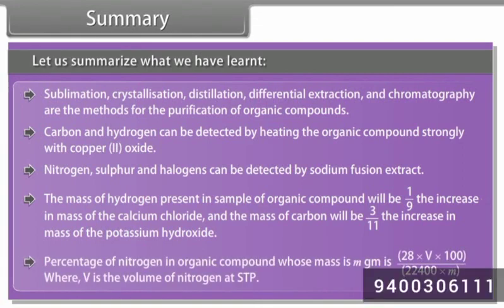Percentage of nitrogen in organic compound whose mass is m gm is 28 × V × 100 / 22,400 × m, where V is the volume of nitrogen at STP.